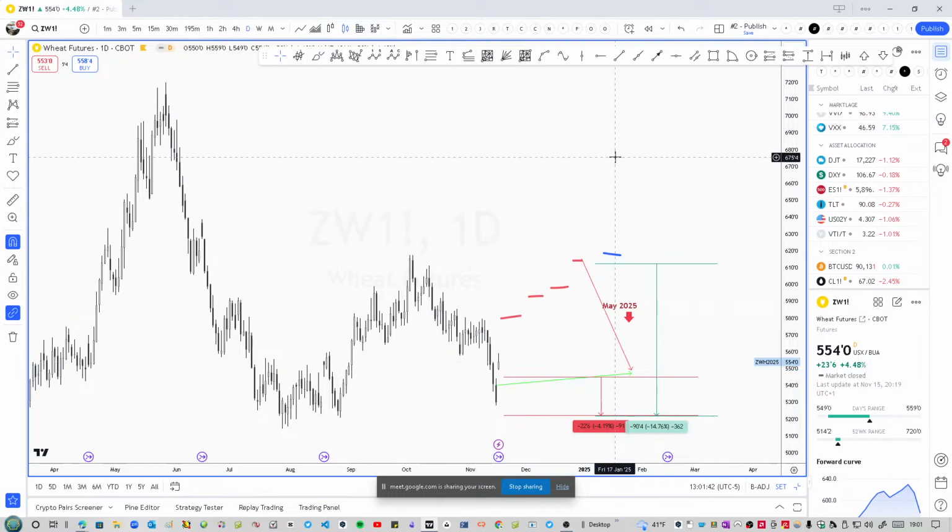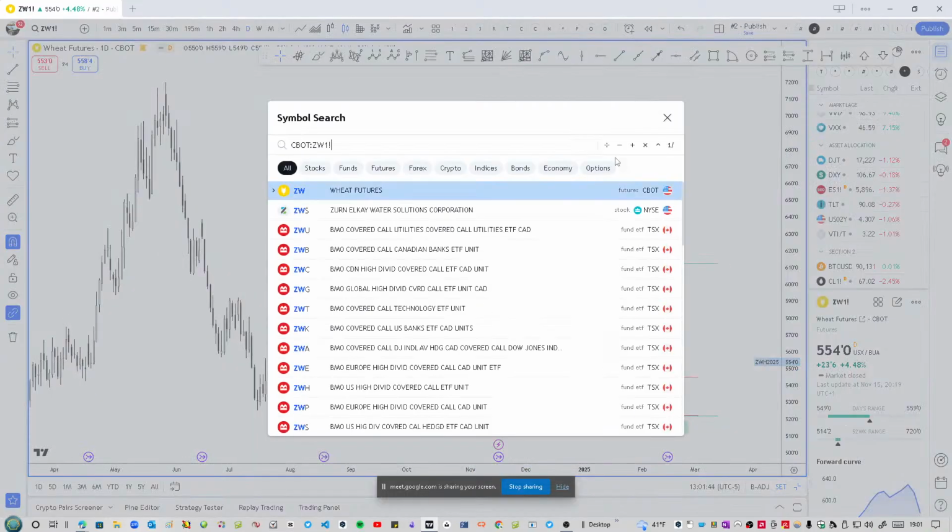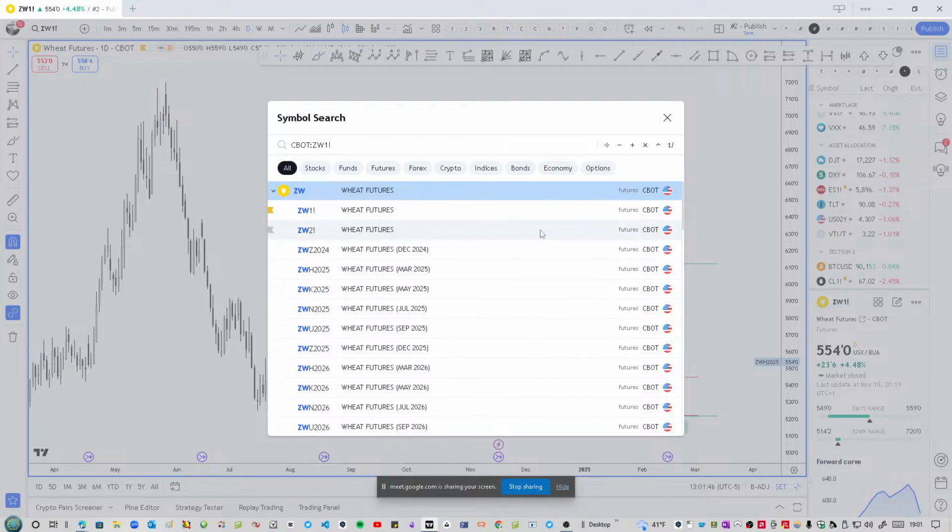So if I go, for example, here in wheat future, then you see, this is something I didn't show you a few minutes ago, that you have a December contract, a March contract, a May contract, a July contract. Actually, we can also bring all these contracts in one chart.